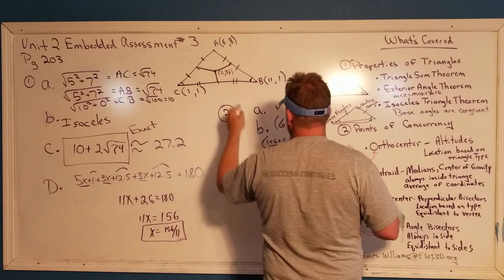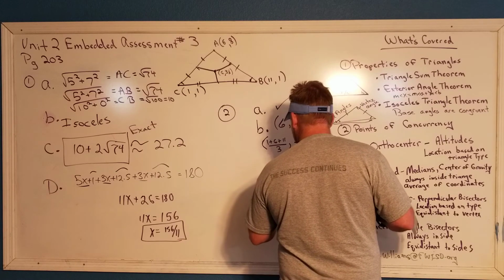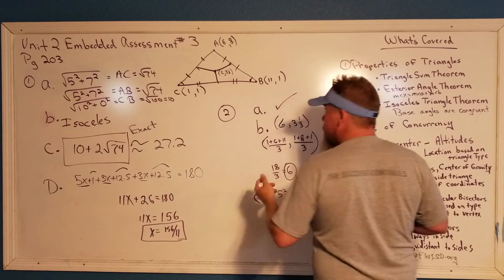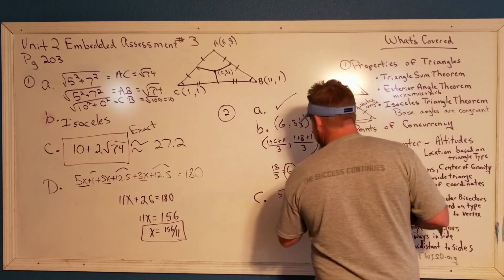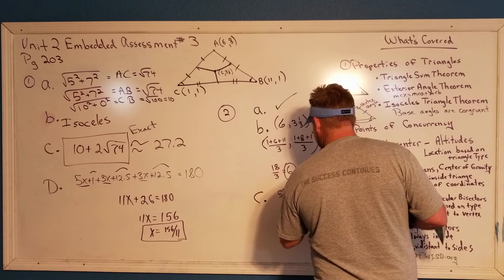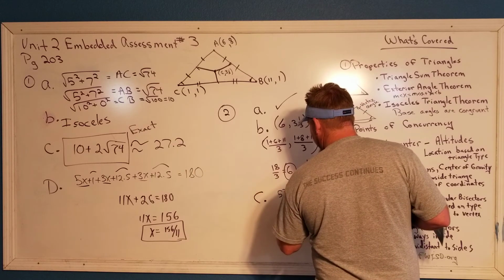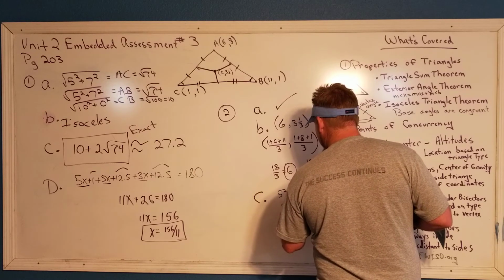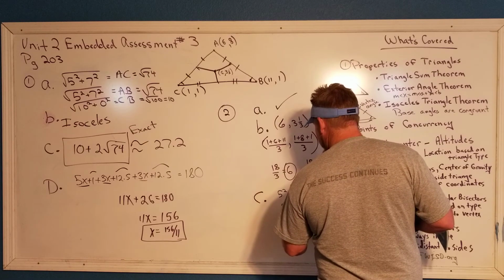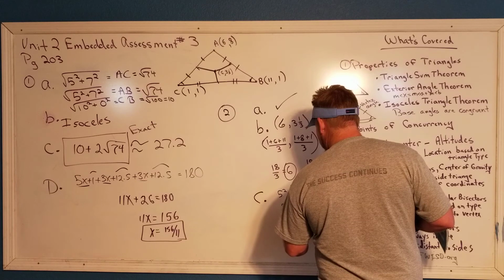But from 1 to 6, we get 5 squared plus from 1 to 3 1/3, we get 2 1/3, or really 7 thirds squared. So we get 25 plus 49 over 9, which is 25 plus 5 4/9.